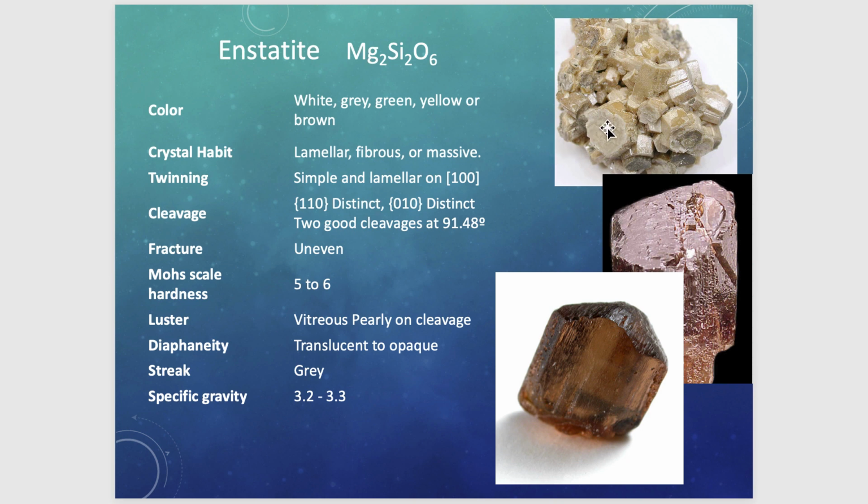Of course, the difference here will be the symmetry of the crystals, because these are rhombic or orthorhombic in most cases, and they can also have quite unique cleavages. So we have essentially well distinct cleavages on 110 and 010, and they have a characteristic angle as well.